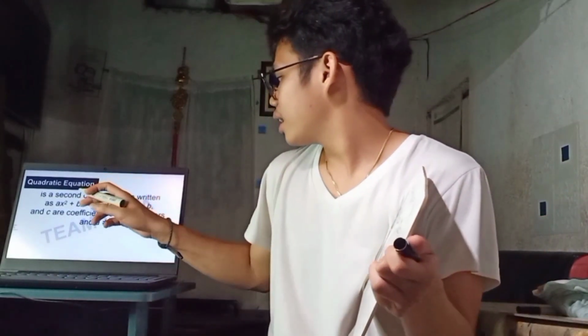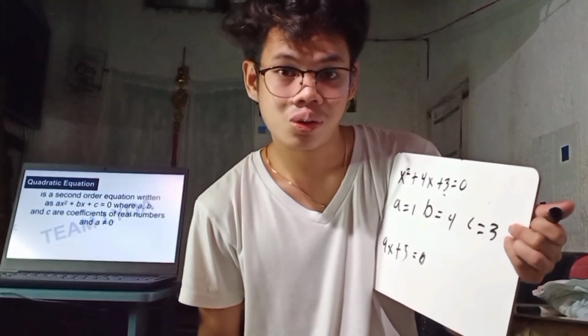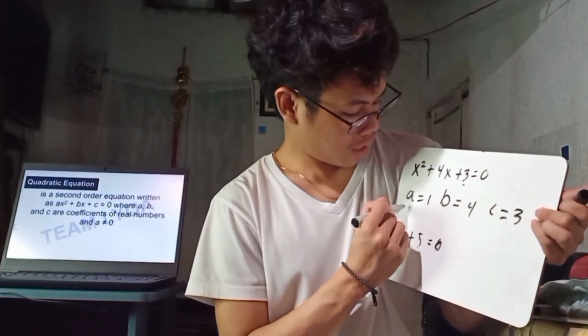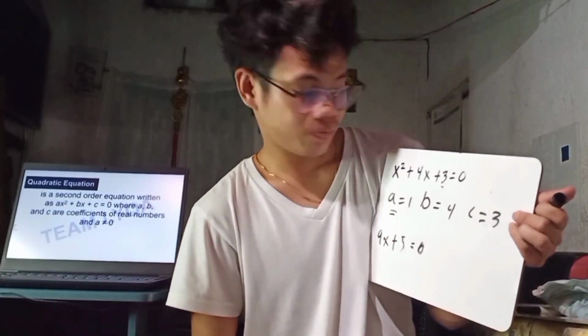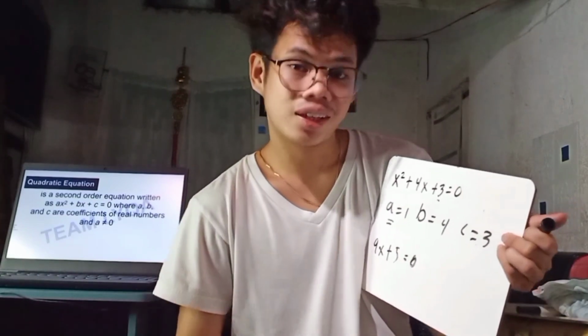It says here that a is not equal to 0. So since a is not equal to 0, we can call it a quadratic equation.